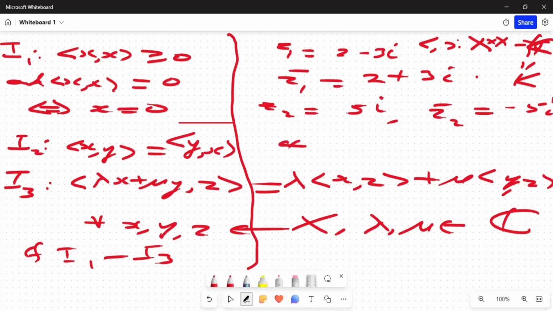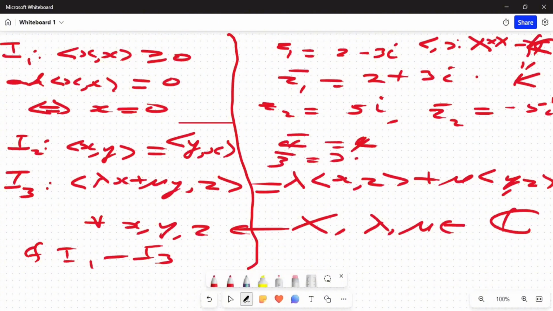For instance, what's the conjugate of 4? 4 conjugate is still 4, right? And 3 conjugate is 3. So if these are real numbers, the conjugate does not change anything.